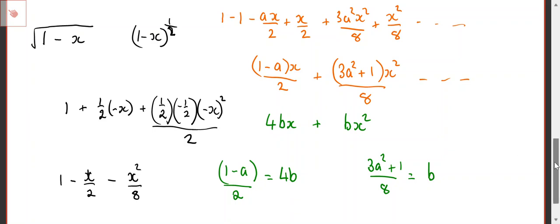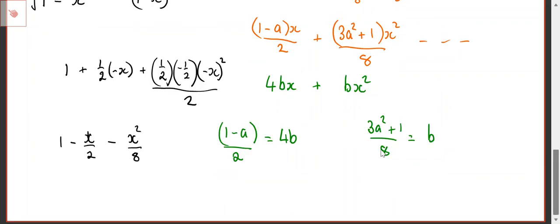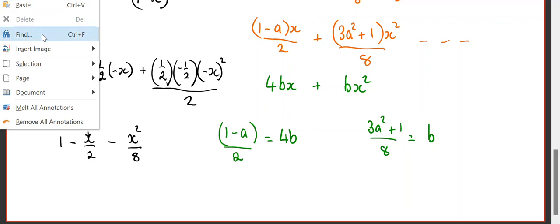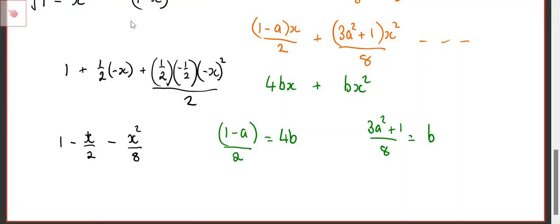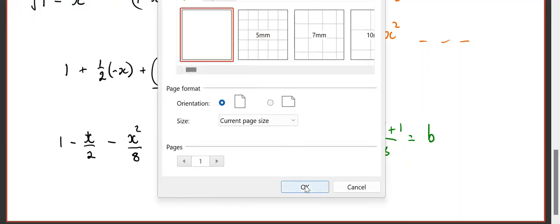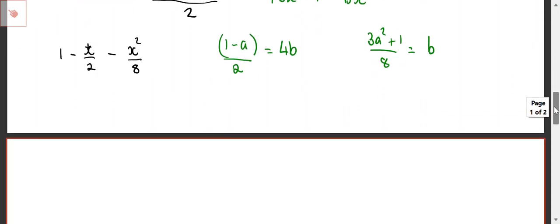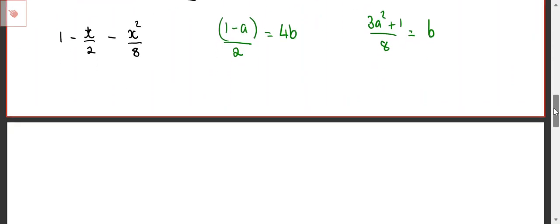Did you get that far? Okay, well, would you carry on from that point? So first thing you do is isolate b. In this case, it's isolated.